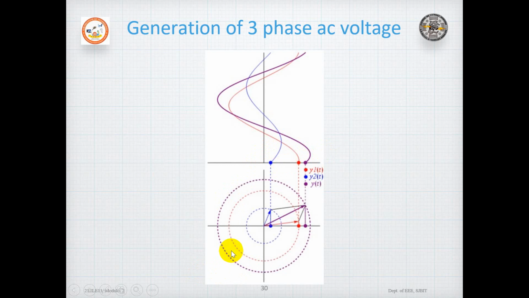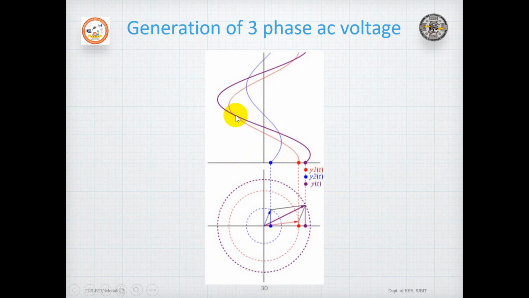In the three-phase system, there are three equal voltages of the same frequency but displaced from one another by 120 degrees. I will explain this by drawing the phasor. These conductors are rotating and cutting the magnetic field, so we have a voltage produced here.